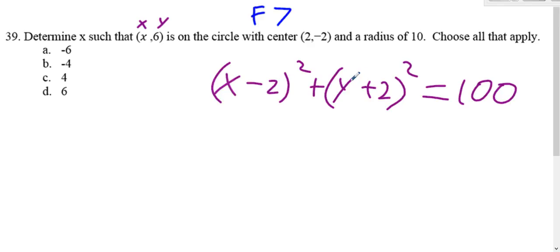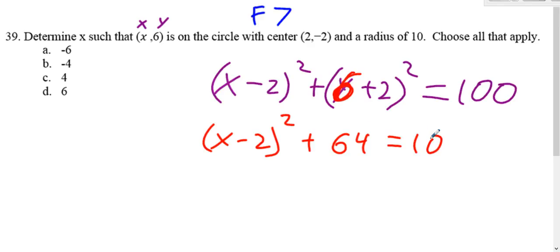We plug 6 in there for y. So that's x minus 2 squared plus, that ends up being 8 squared, which is 64. Subtract the 64 to get 36.